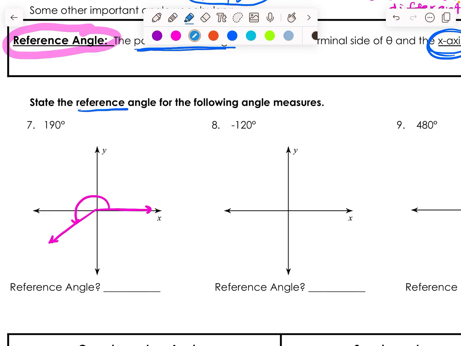The x-axis is right here. I want to know how many positive degrees it is from here to here. So this is 180. This is 190. So between the two, the reference angle is 10 degrees. From the x-axis to where that angle finishes, that's the reference angle.